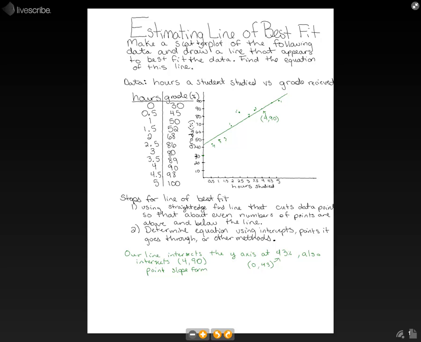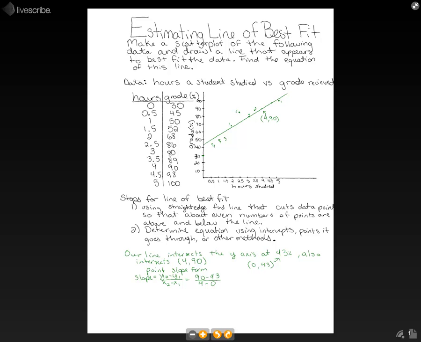So from these 2 points, first we're going to determine our slope. So slope is going to be y2 minus y1 divided by x2 minus x1. So let's do this as a 90 minus 43 divided by a 4 minus 0.